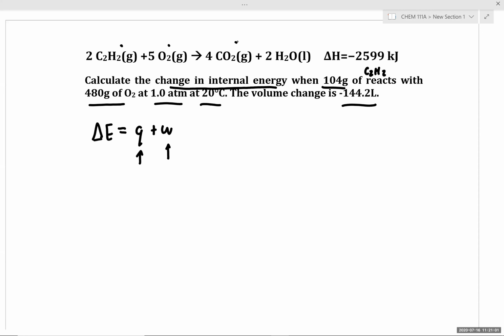For the change in internal energy, remember that when you're calculating heat, the heat is based on the enthalpy and your stoichiometric coefficient for whatever reactant you chose. So remember to account for the stoichiometric coefficients in your enthalpy expression.